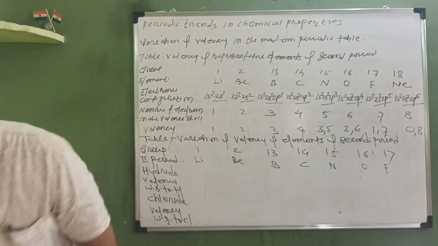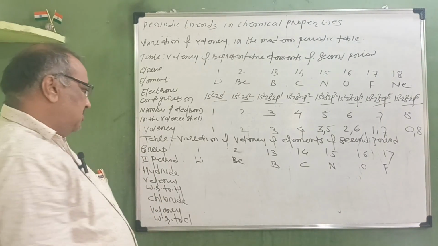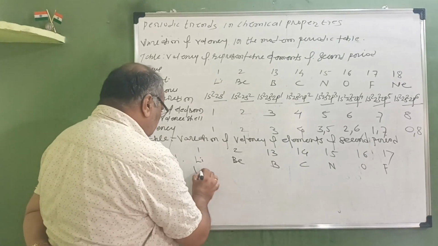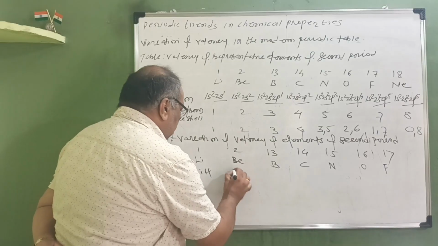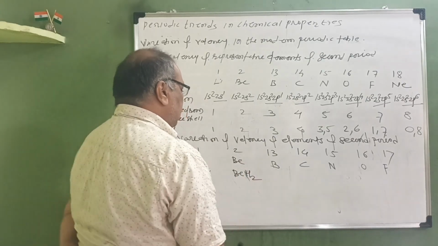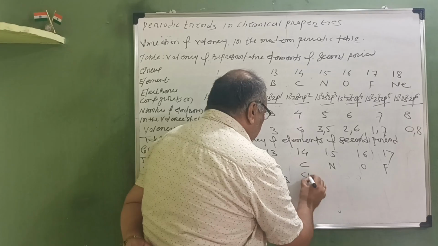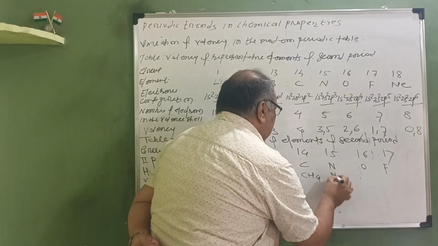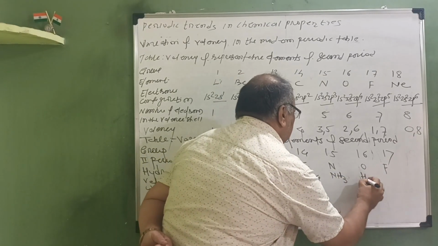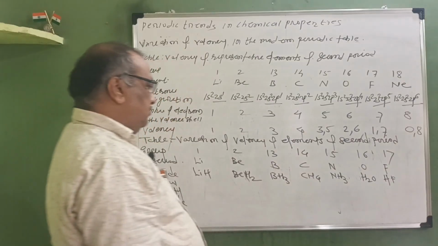That means here LiH, BeH2, BH3, CH4, NH3, H2O, and here HF.